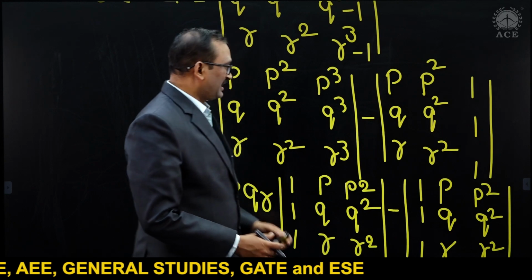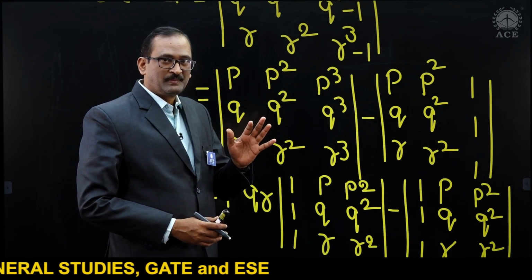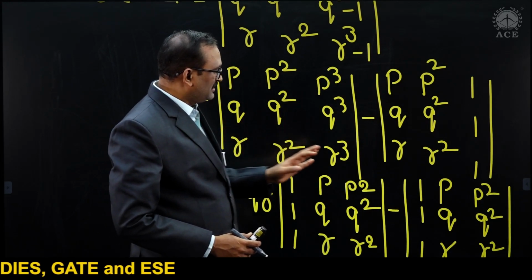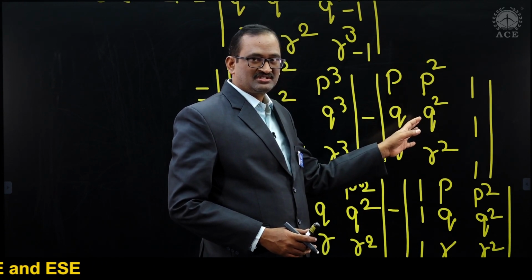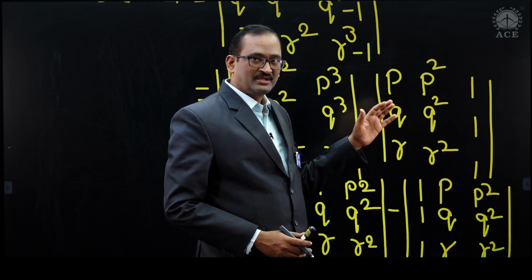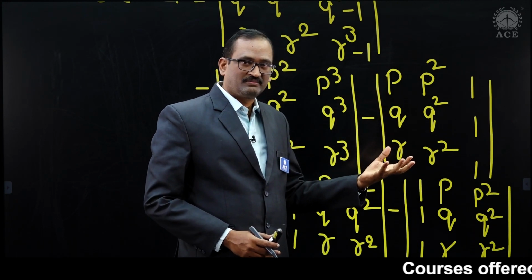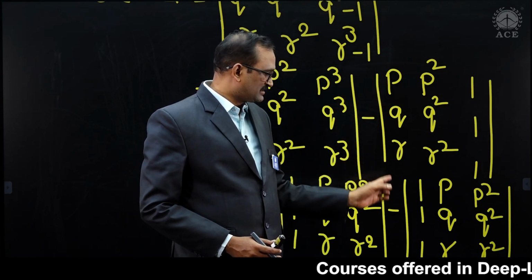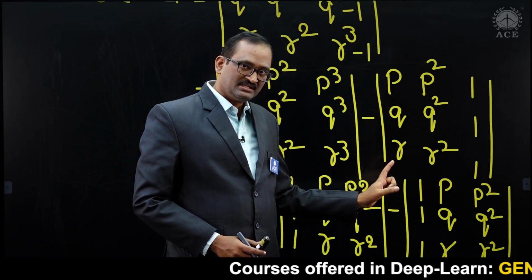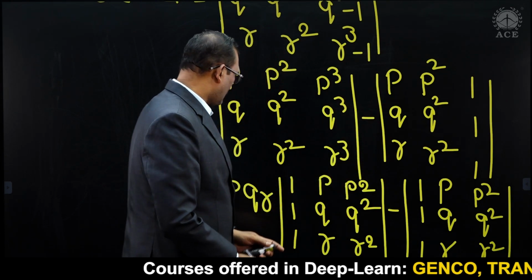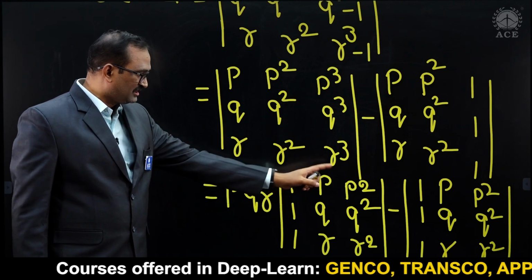That's fine. But whenever two times the rows or columns have been interchanged, one time -1, second time -1, -1 into -1 gives plus, and this minus symbol remains as it is.